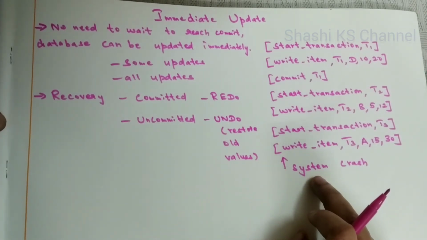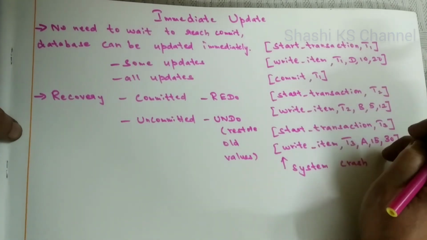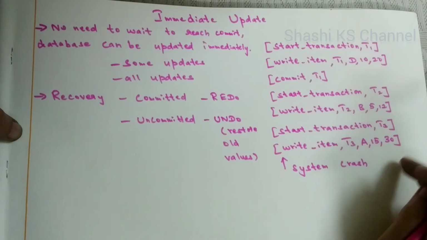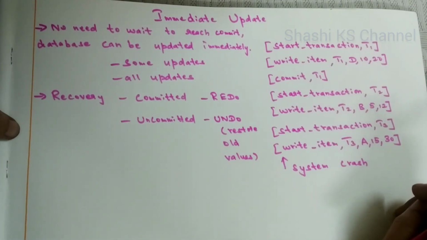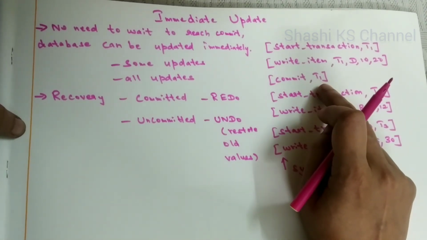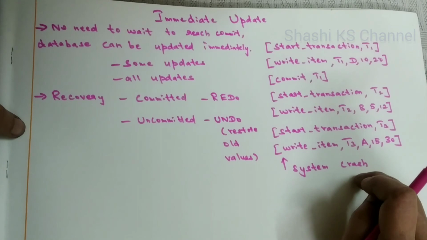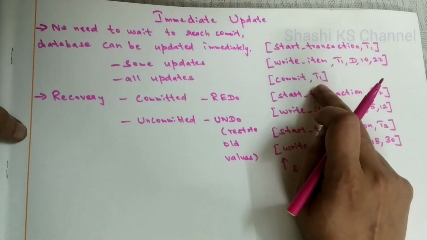Now in the immediate update technique, there is a possibility that all these transactions T1, T2, T3 would have modified the values of A, B and D in the database. So what should be done? First, transaction T1 has reached its commit point before the system crash. So in this case, a redo operation has to be done.